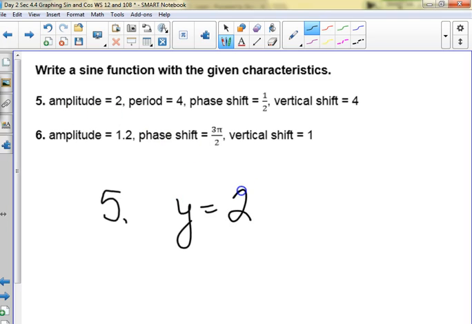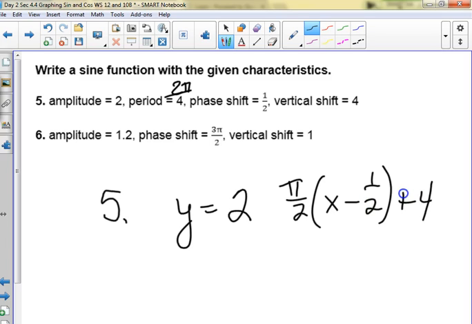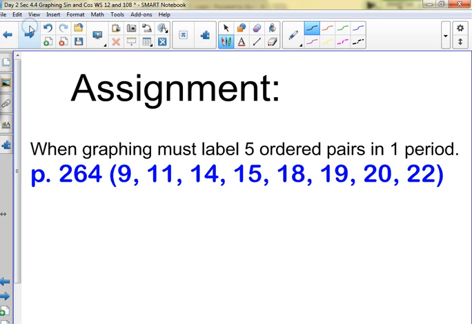The amplitude is 2. The period is 4. How do you write an equation that has a period of 4? Phase shift to the right 1/2 would look like that. Vertical shift 4. Yeah, tomorrow is all about writing equations, okay? Tomorrow is all about writing equations.